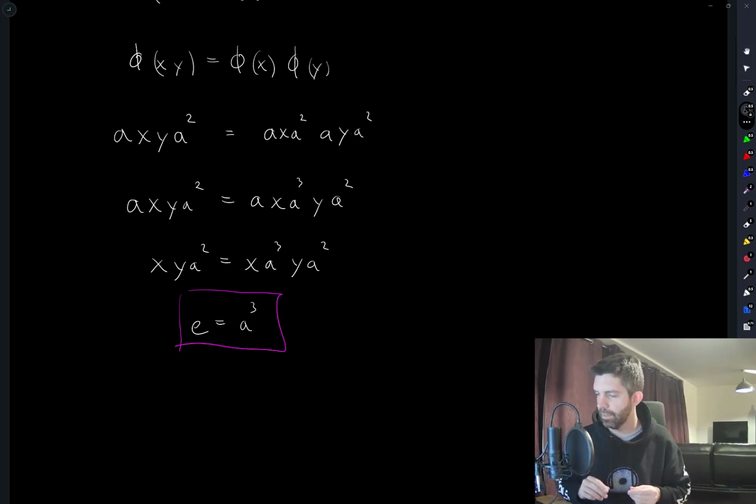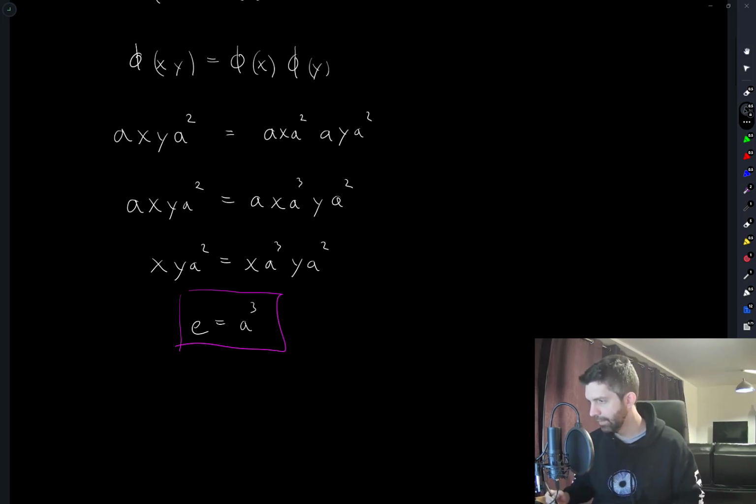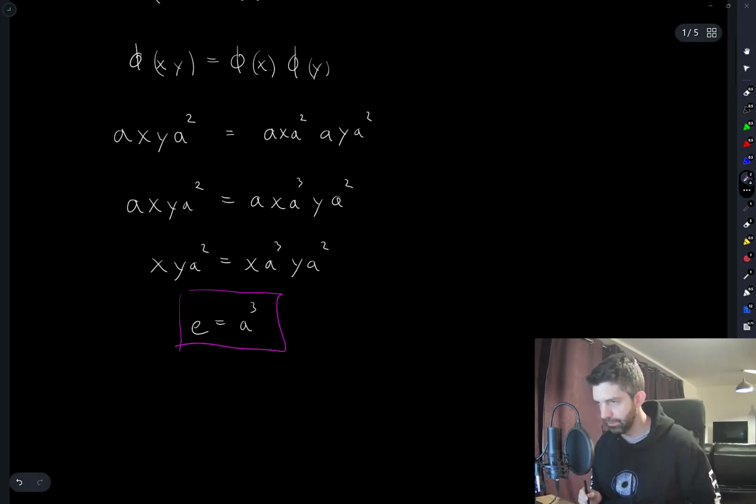The thing that saved me here is realizing that both options B and C imply the map is a homomorphism, and so you would need to think a little bit more about what you're actually doing. I almost got caught up on the logic here, but the answer is E, that a cubed has to be equal to the identity, and the map is a homomorphism if and only if this holds.